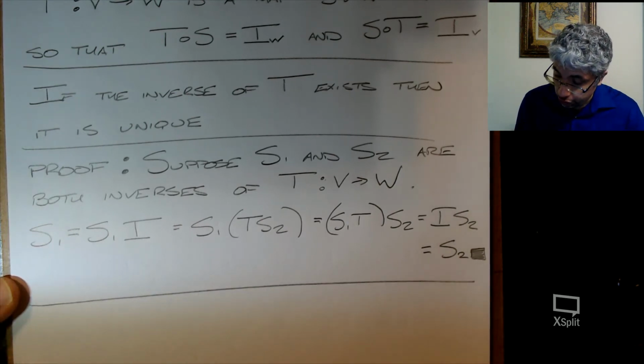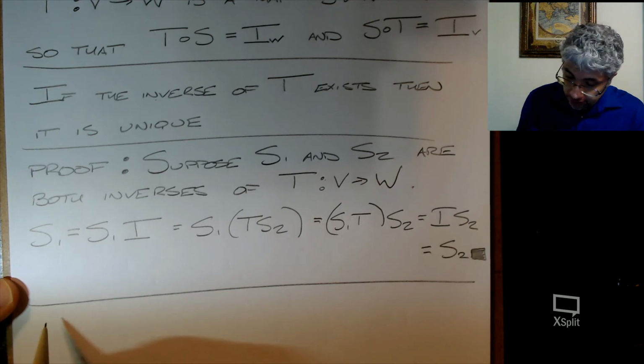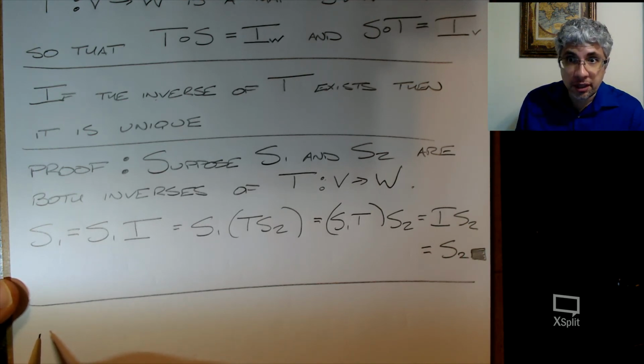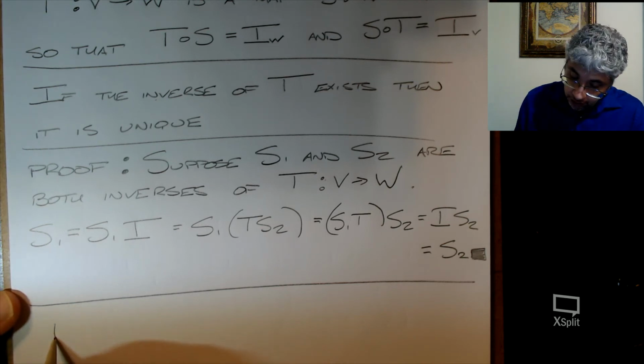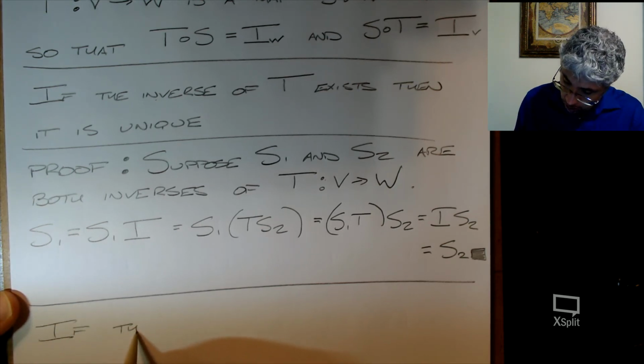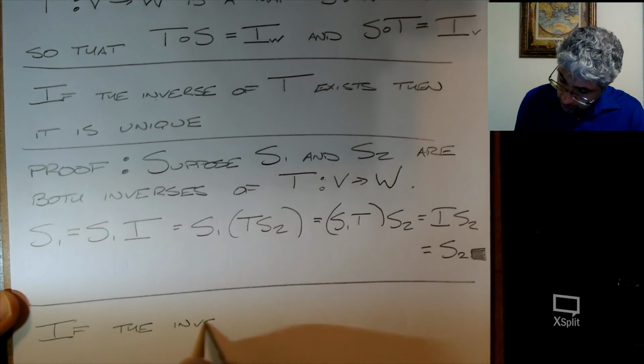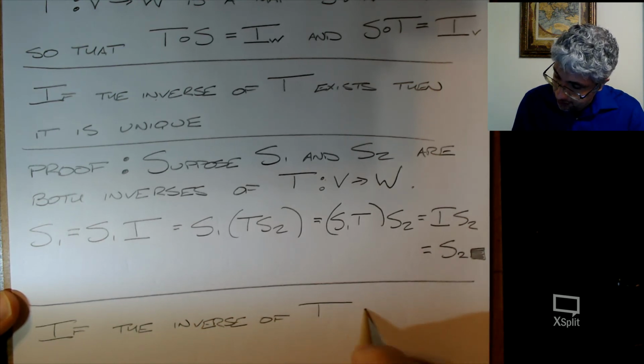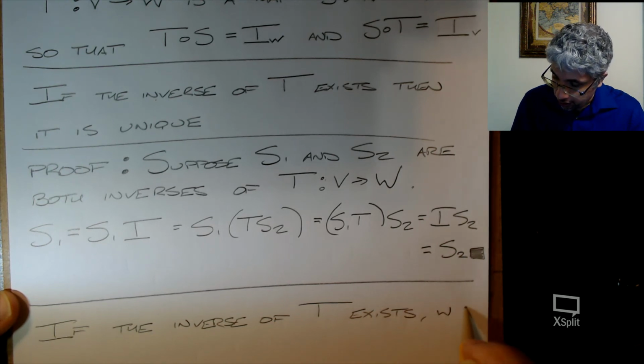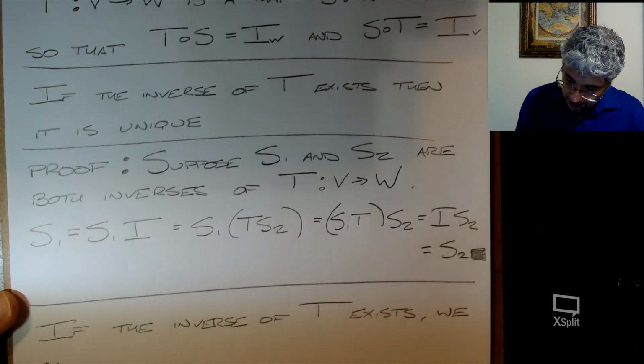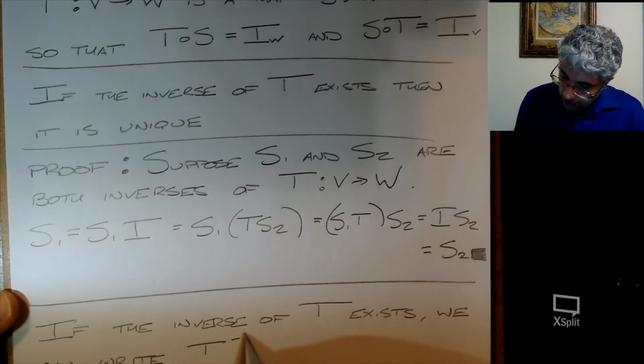That is my proof. Okay, and of course, since we now know that there is only one, when there is one, we'll give it a name. If the inverse of T exists, well, we already call it the inverse, but we can write that symbol.